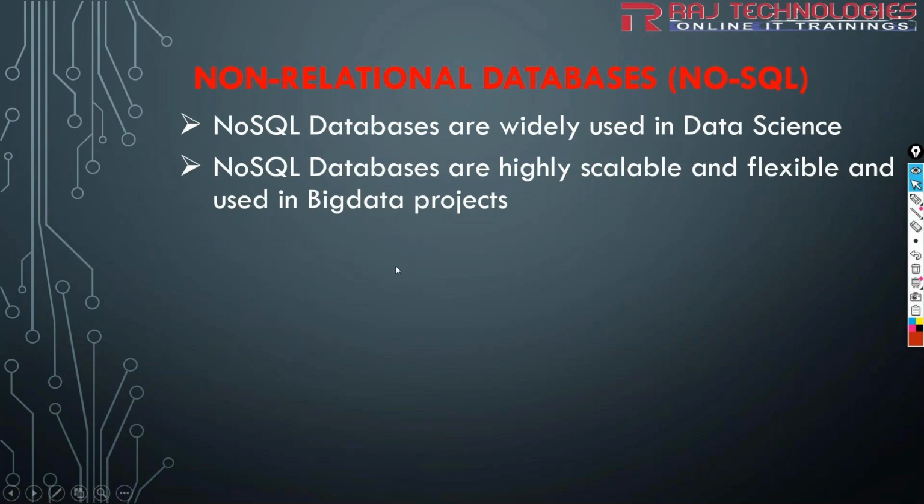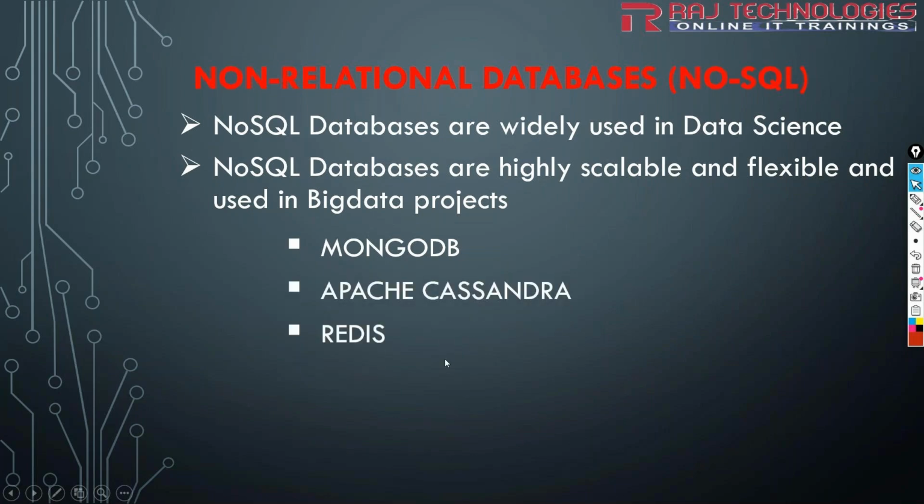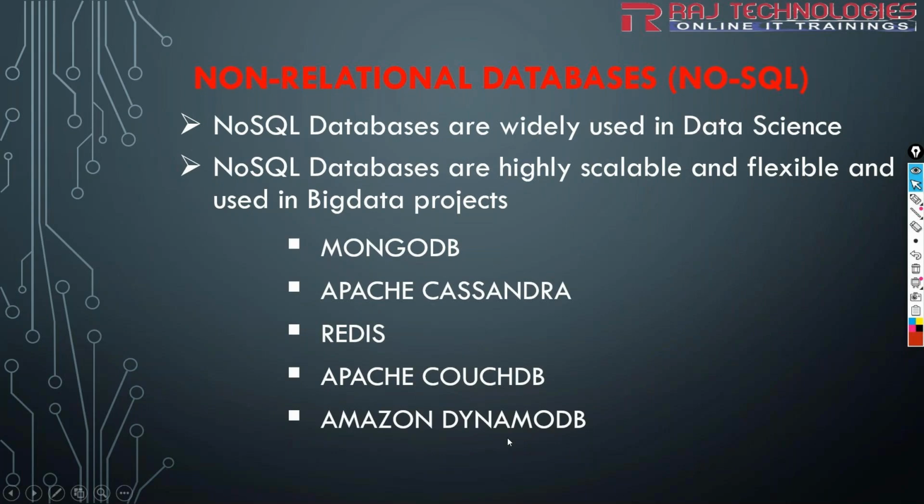Some examples of NoSQL databases are MongoDB, Apache Cassandra, Redis, Apache CouchDB, and Amazon DynamoDB.